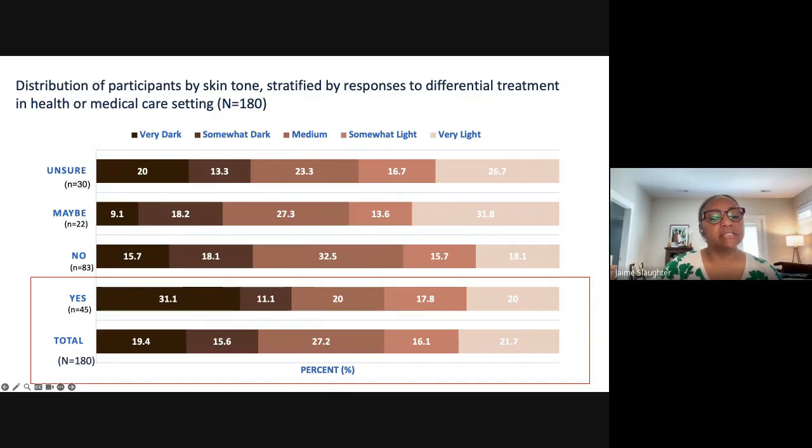And what I think is important to look at is that there really is this skin tone gradient among individuals who said yes to experiencing differential treatment because of their skin tone within the healthcare setting.